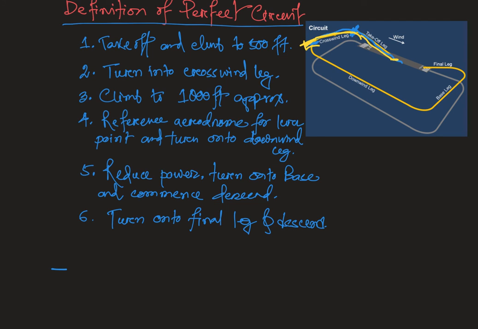Then climb to approximately 1000 feet. You need to make a reference with the aerodrome for the turning point and turn into the downwind leg. Here you start reducing power onto base and commence your descent over here and turn onto the final for descent.